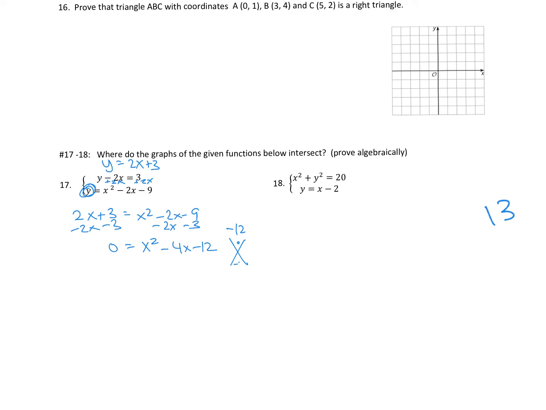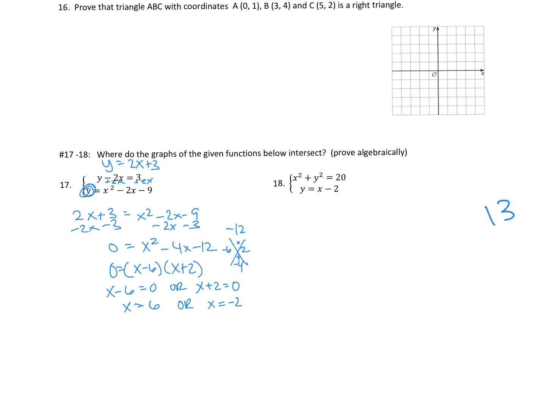I've got my -4 at the bottom, and I try to think of two numbers that multiply to -12 and add to -4. That looks like it's -6 and 2. So I get (x minus 6) and (x plus 2). When I set each of those equal to 0, I get x equals 6, or I get x equals -2. So I'm partway done.